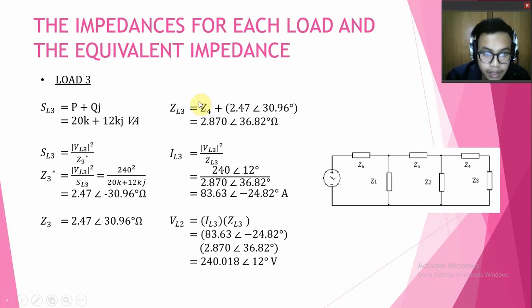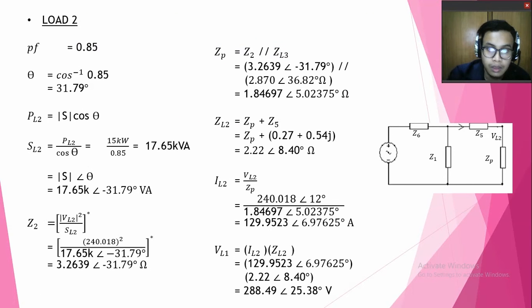This is the impedance of load 3 that we got in load 3. So after we parallel, we can get the circuit like this.